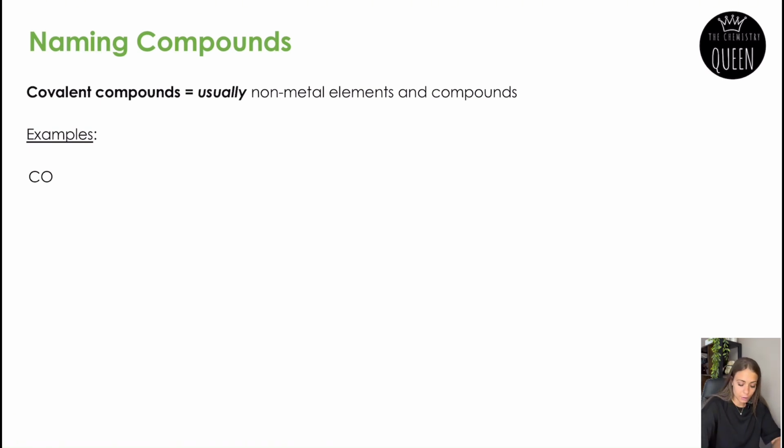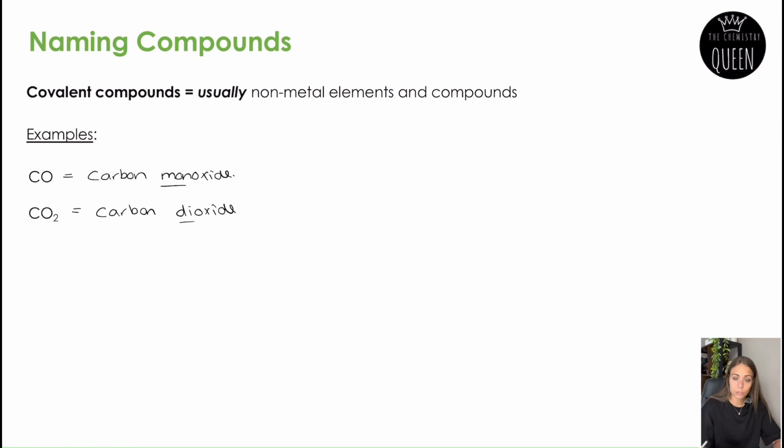So if it's CO, you would call this carbon monoxide. So the mon part of the name means one oxygen. So if there's one oxygen, it would be whatever monoxide, but this only applies to covalent compounds. Okay, so not to the salts that we were just looking at. So this is non-metals. So then CO2, we would call carbon dioxide.